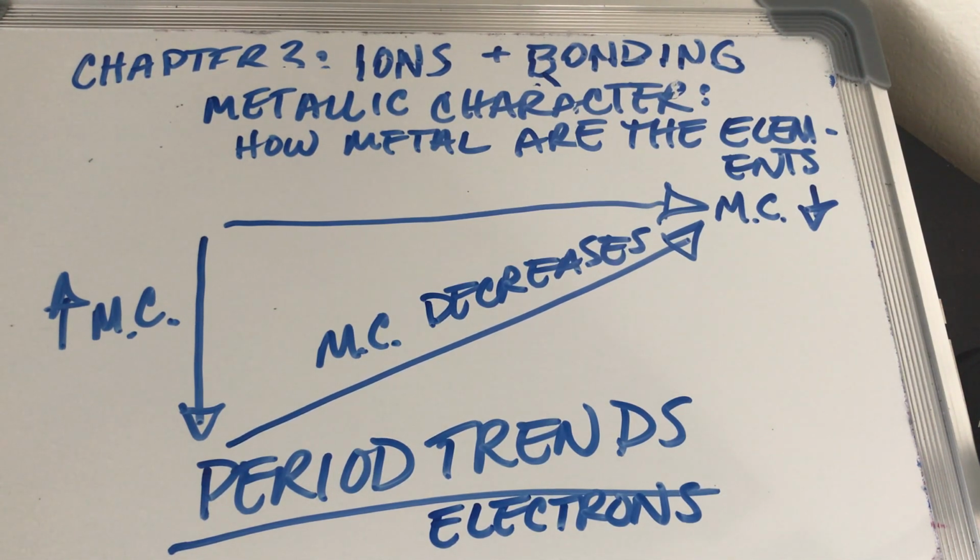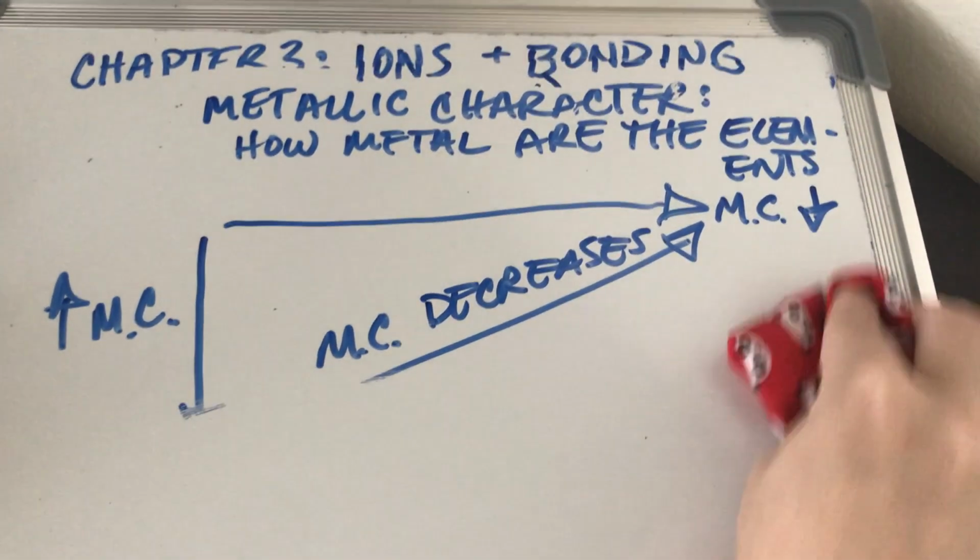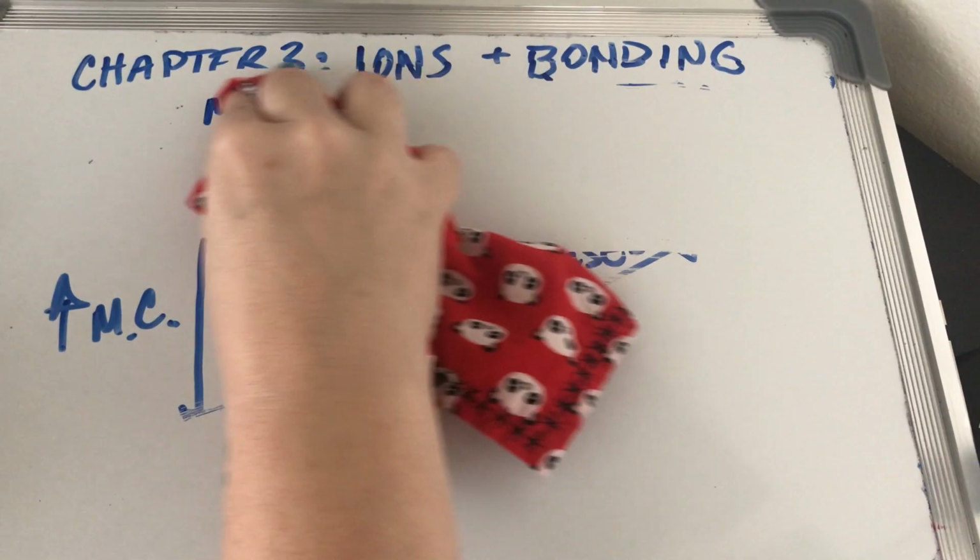If you were to Google periodic trends, you would be able to find an infinite number of these types of diagrams. But again, I think it's helpful to understand, not to memorize. Coolsies? May I erase? All right? Cool. Okay.